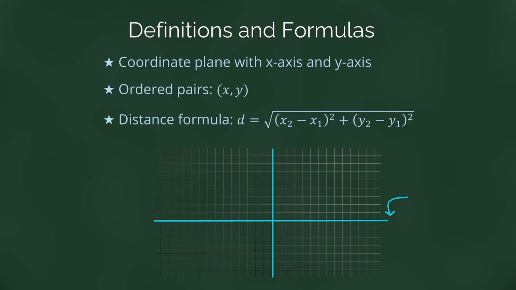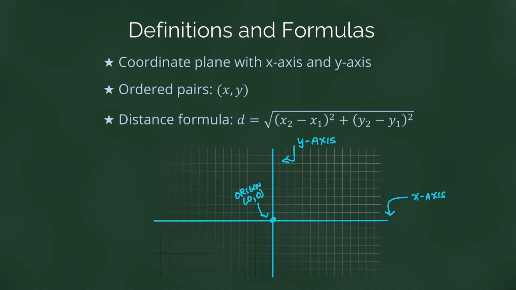And it is conventional that the x-axis runs horizontally and the y-axis runs vertically. The point where they meet is typically called the origin. And we label that point with the coordinates 0, 0.